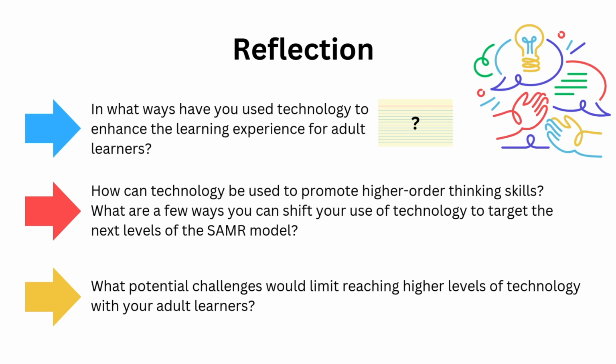Secondly, how could you use technology to promote higher order thinking skills and shift your use of technology to target higher levels of the SAMR model in this lesson? And lastly, when thinking about the lesson, what potential challenges would limit reaching higher levels of technology with your adult learners?